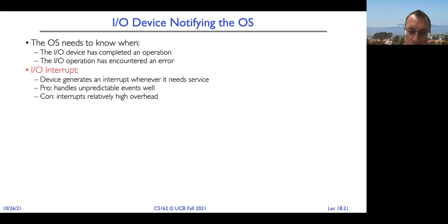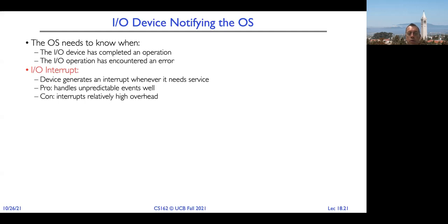Like we mentioned, one way to handle that is the IO interrupt. Whenever there is one of these events that the OS needs to know about, the IO controller raises an interrupt. Why is this good? The CPU doesn't need to worry about it. The IO controller is going to let the CPU know when something worth knowing happens.